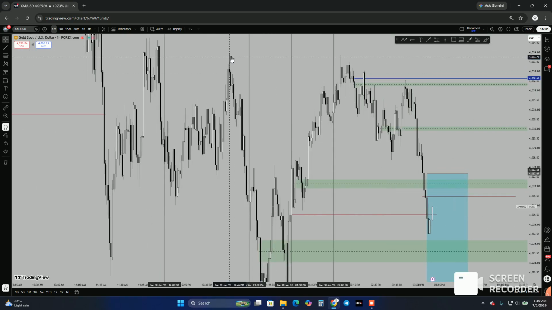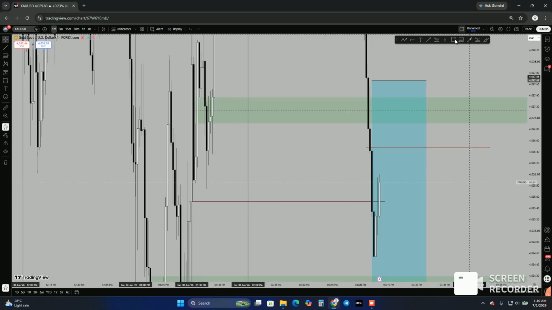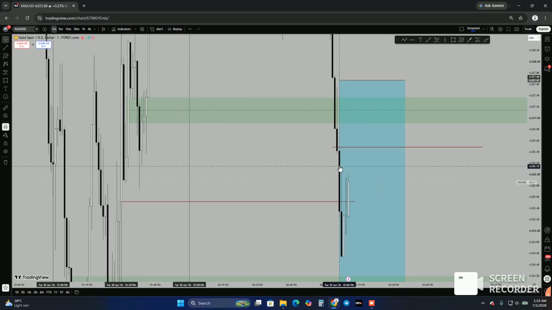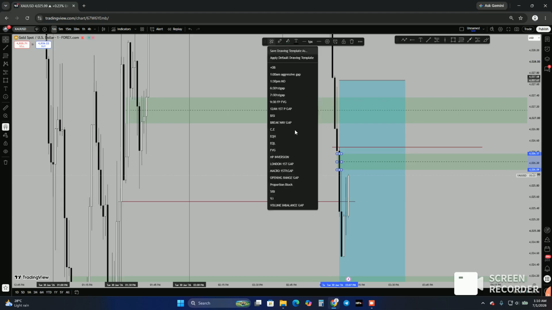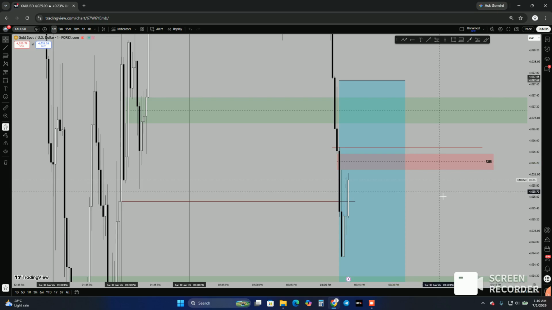Where he raided, he raided this high also. So I don't want to see price go up again here. And you can see where I just marked up here, this gap. So it would be the CB, ICD CB, okay? It would be CB.